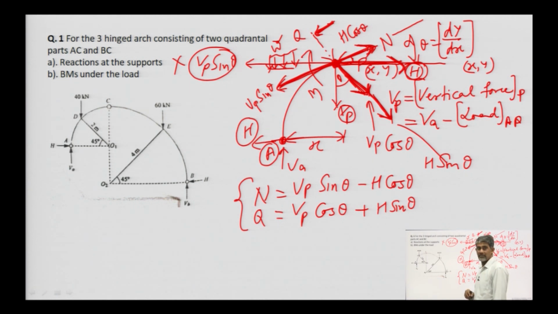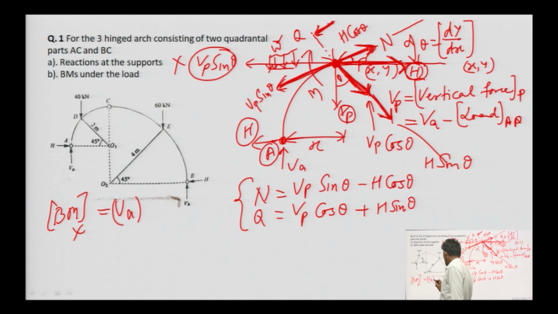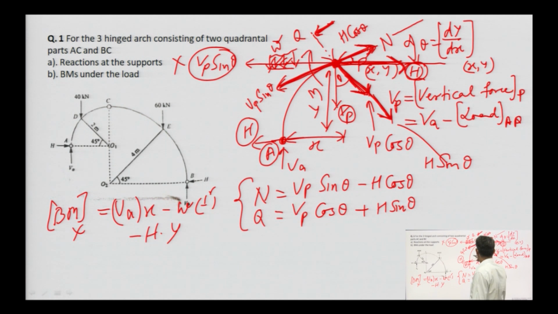And bending moment M at any section x will be what? It will be V a into x minus load, whatever is the load. So, load into perpendicular distance, minus the bending moment due to H into y, if this distance is y, right.